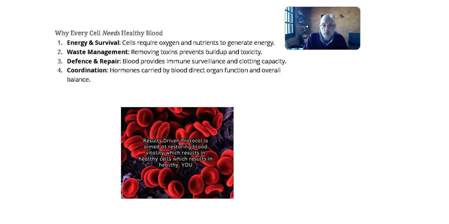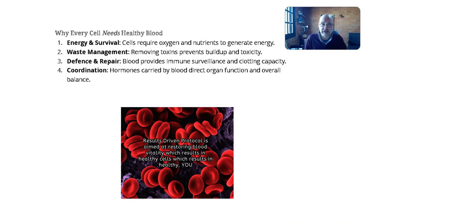So you are a body made up of cells. Every single cell in your body, to be healthy, is completely reliant on the blood's ability to deliver things to the cell and remove things from the cell. Basically there's certain things that the cells require. They need oxygen and nutrients in order to be able to make energy.